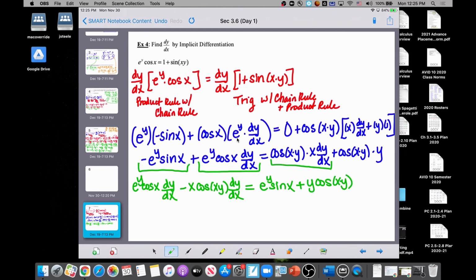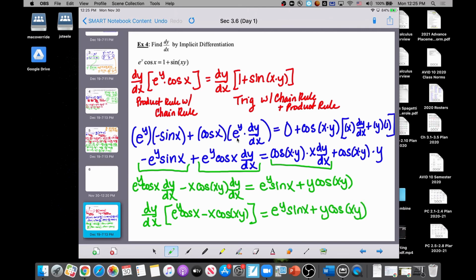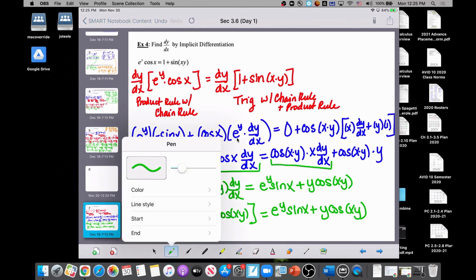All right, let's factor out our dy dx on the left-hand side, which gives us e to the y cos x minus x cos xy equals, and over here we just have e to the y sine x plus y cos xy. And then, of course, the final step is to divide both sides by what's in the bracket.